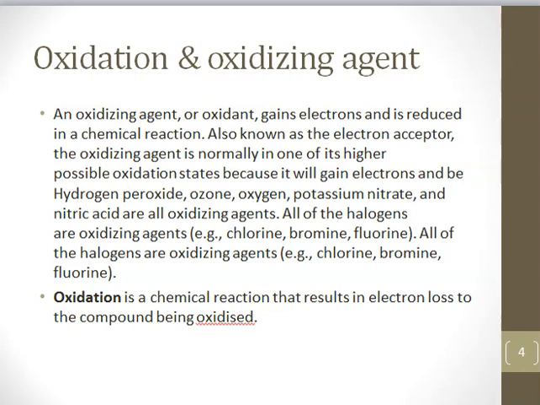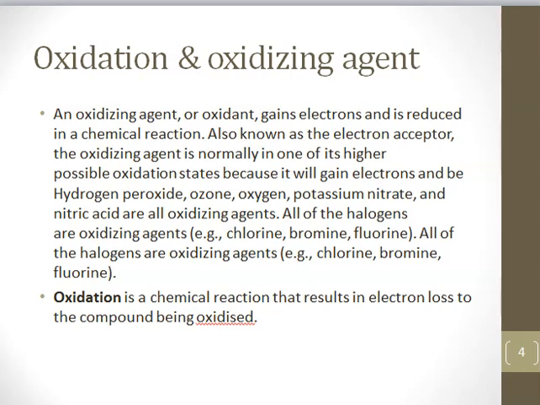The common oxidizing agents which are used are hydrogen peroxide, ozone, oxygen, potassium nitrate, and nitric acid. All of these are oxidizing agents because they are in a higher oxidation state. If a species is in a lower oxidation state, it cannot accept electrons.